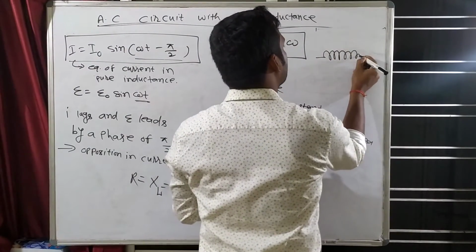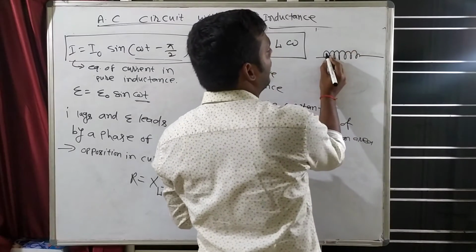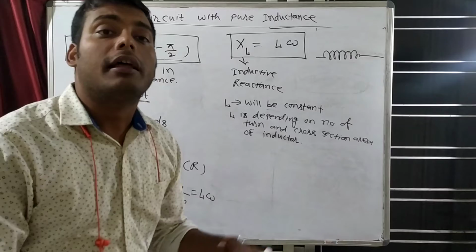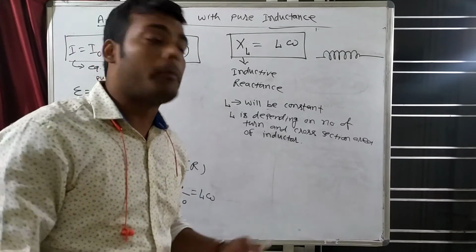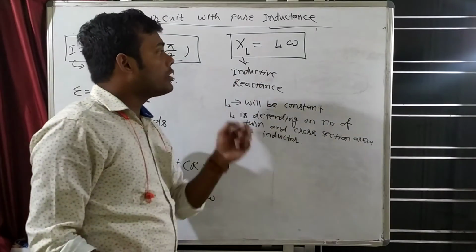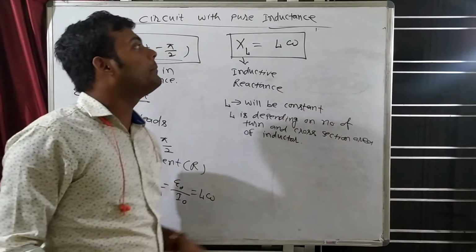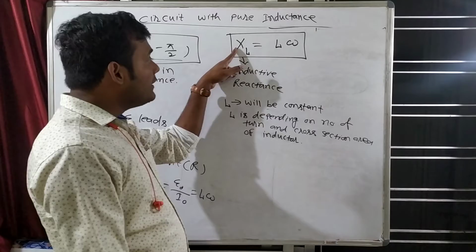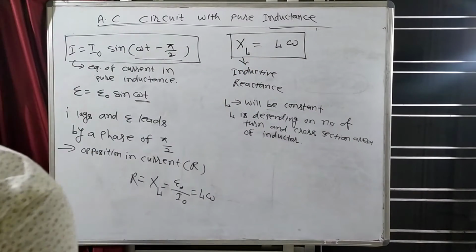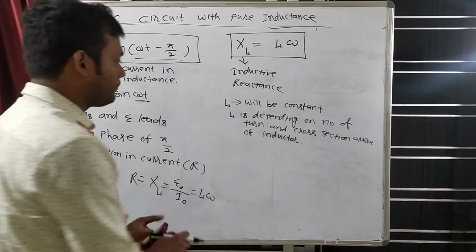And the number of turns, 1, 2, 3, 4, 5, 6, 7, this number of turns is constant once we manufacture the inductor. So L is constant. That means XL will depend only on omega, so inductive reactance will be dependent on omega.